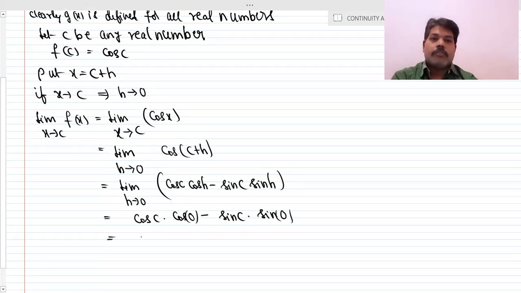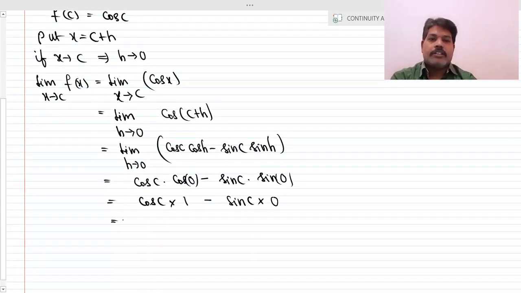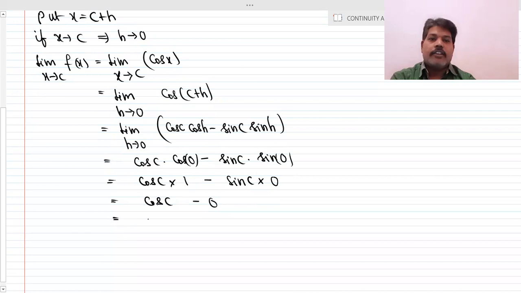Cos 0 is 1 and sin 0 is 0. So it is cos c minus 0, which becomes cos c.